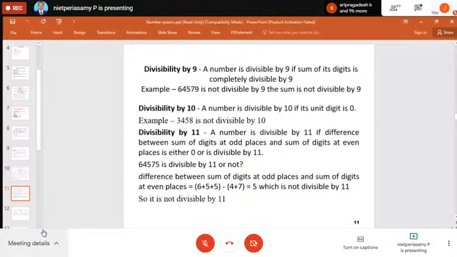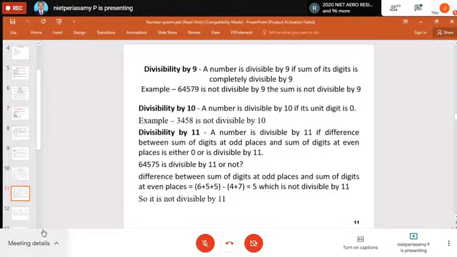Take an example, 64,579. You add all the digits: 6 plus 4 plus 5 plus 7 plus 9. The total sum is not divisible by 9. Can anybody tell me the summation of that numeral? 6 plus 4 plus 5 plus 7 plus 9.